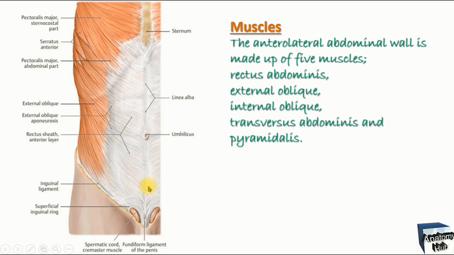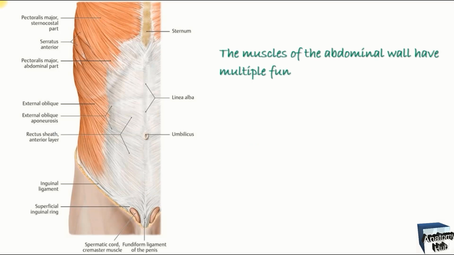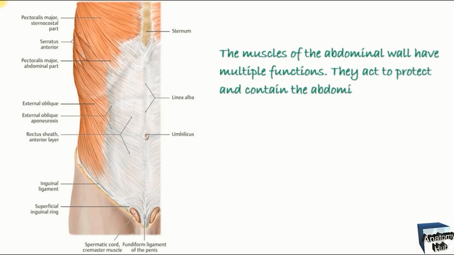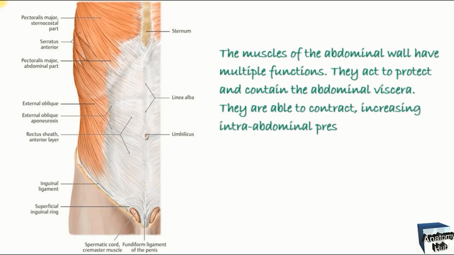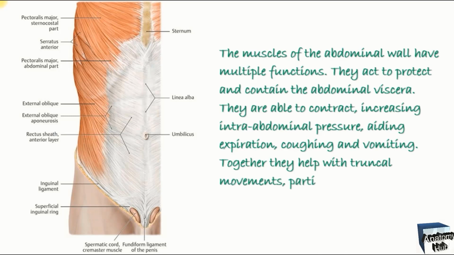Inferiorly, the aponeurosis of the internal oblique muscle we'll see in the next image. But before that, we should know the origin and insertion of this external oblique muscle, and from where they attach and where they get the insertion.